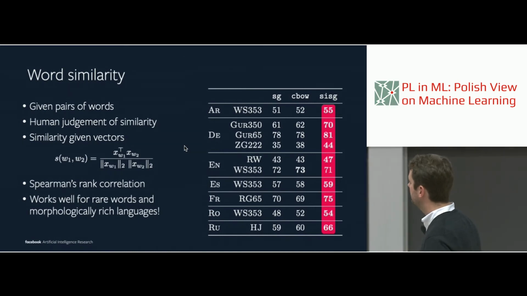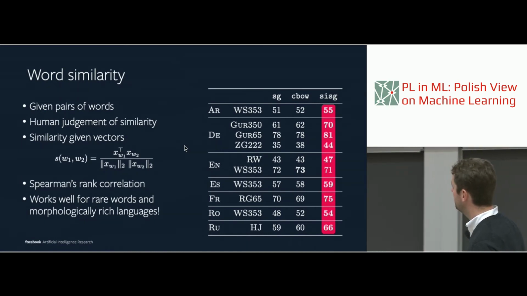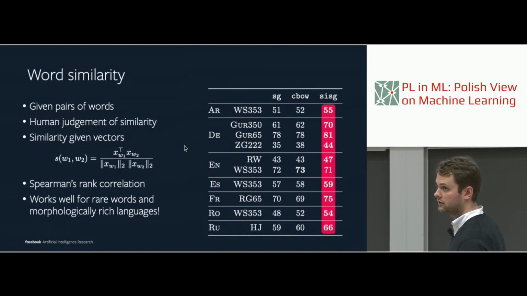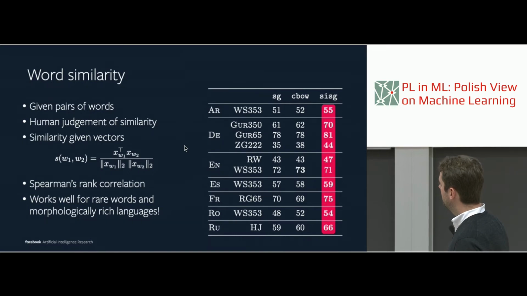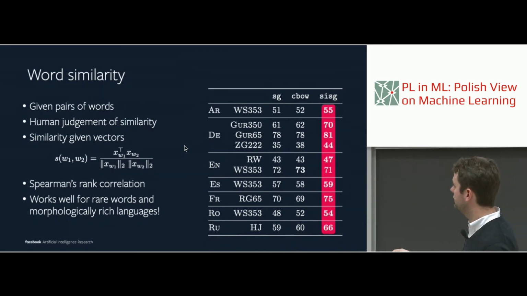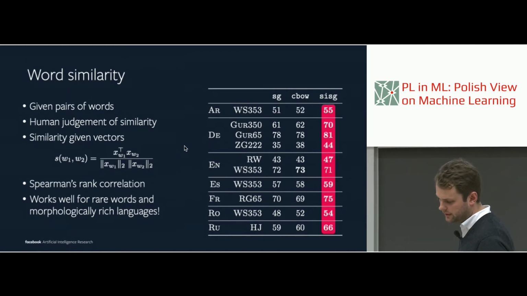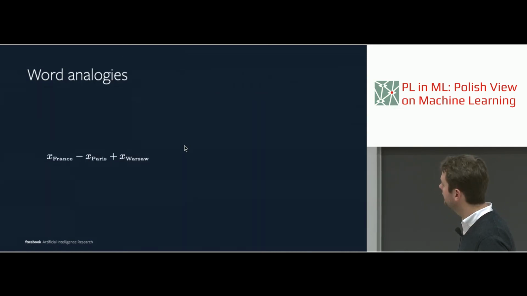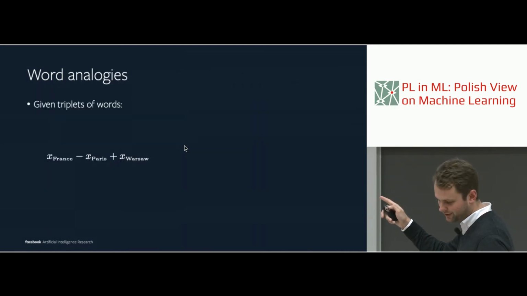What we see is that our model works best on data sets which contain hard words such as rare words in English, where the improvement was 4%, or for languages such as Russian. So it works well for morphologically rich languages, and especially when you have rare words in your dataset. I see I have a typo in my slide, it should appear later, sorry.